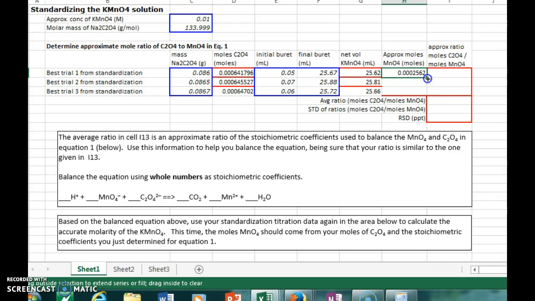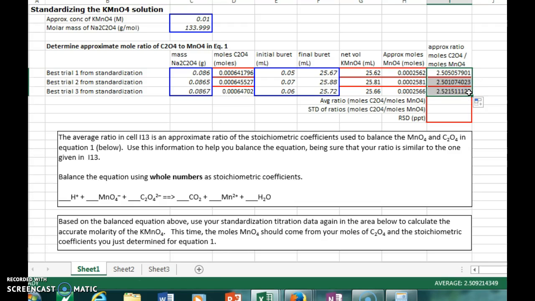Click and drag. Great. Okay, so then this column is ratio of moles of oxalate to moles of permanganate. So I'm just going to go over here and grab my moles of oxalate, and I'm going to divide by my moles of permanganate, and I'm going to hit enter, and then I'm going to click and drag that as well.